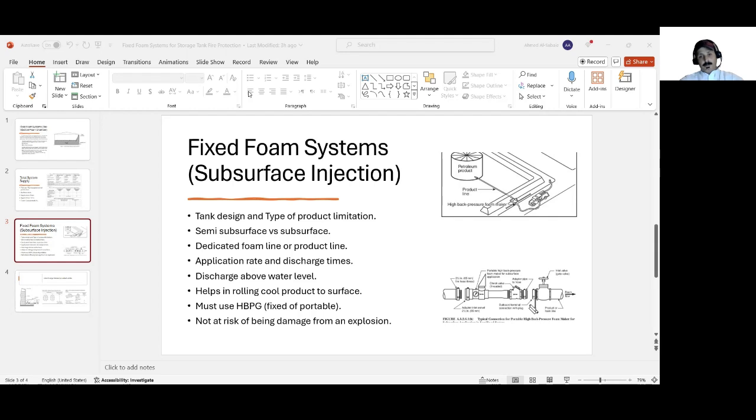Going to the limitations of such systems, these systems are mostly found on storage tanks storing regular hydrocarbons and hydrocarbons with low viscosity. For hydrocarbons with high viscosity, having such a system is not advised.